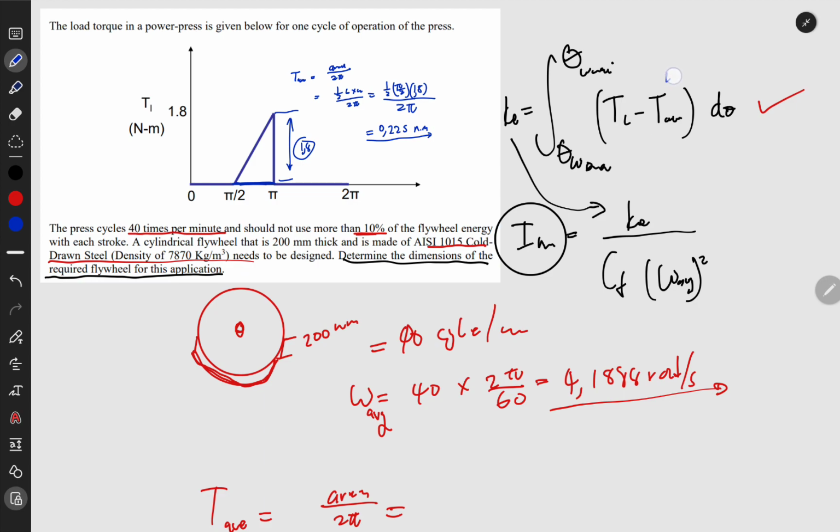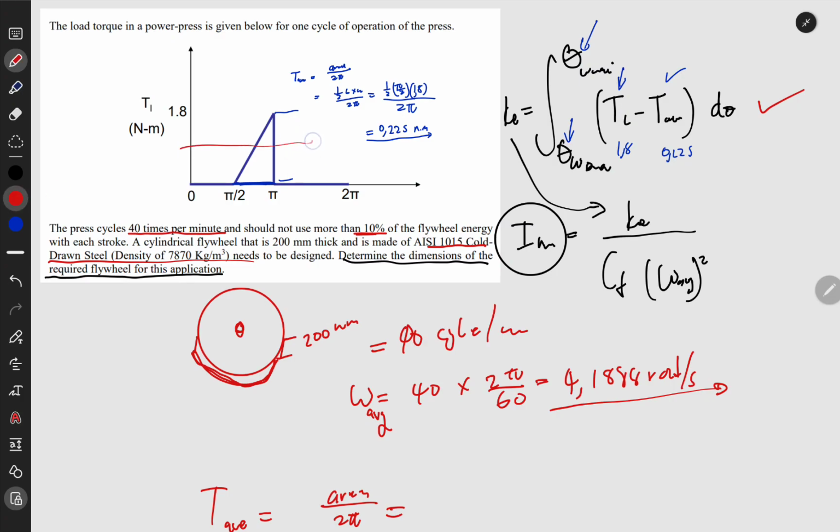So we already have this. Now we want this. This is just the max, which is 1.8 here. This is 0.225. Now our problem is our integral boundaries. Let me say here I'm cutting in here. Let me remove all of that.